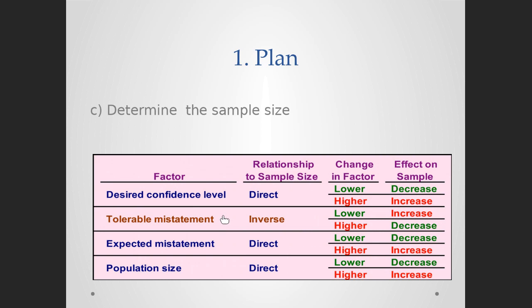The second thing, when we determine the sample size in monetary unit sampling, is the tolerable misstatement. So the tolerable misstatement is defined as what? What do we mean by tolerable misstatement? Right?